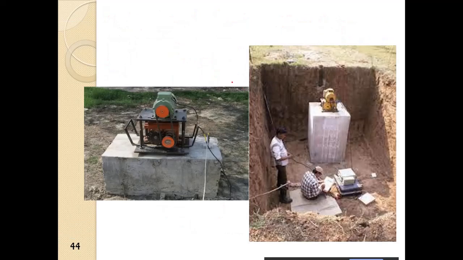Then apart from that, we can do the block vibration test. It may be vertical vibration or horizontal vibration as well. If it is vertical vibration, we will obtain Cu. If it is horizontal vibration, we will obtain C tau.